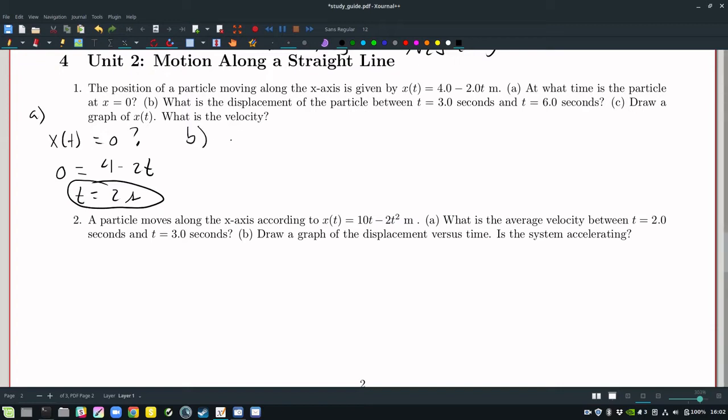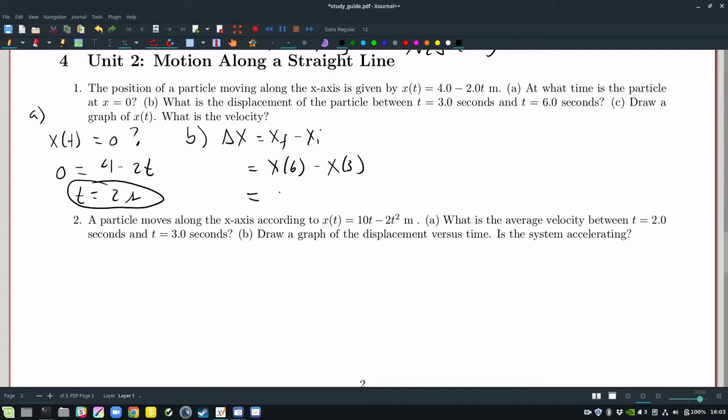B, what is the displacement of the particle between 3 and 6 seconds? So I think what we mean is x final minus x initial, but that's going to be x of 6 minus x of 3, because 6 is the later time and 3 is the earlier time.